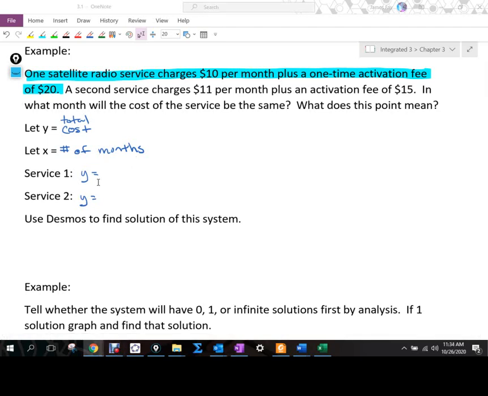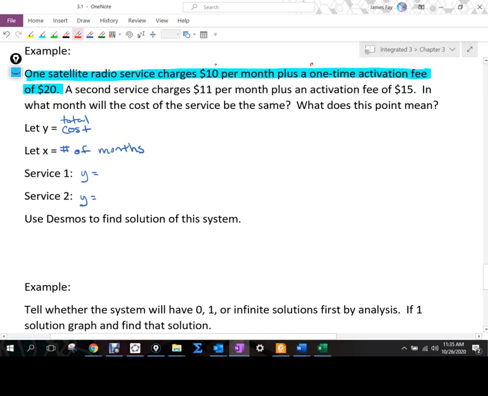All right, so what is the thing that is changing here? The activation fee is a one-time fee, so you only pay that once, right?